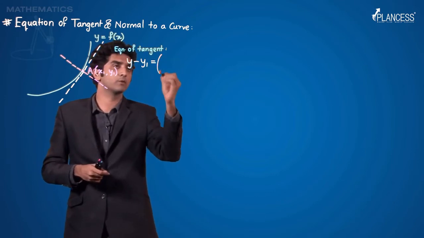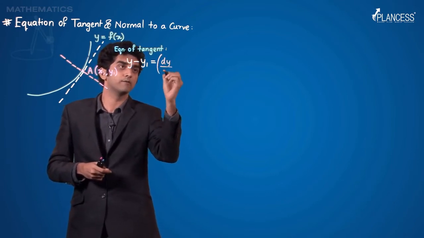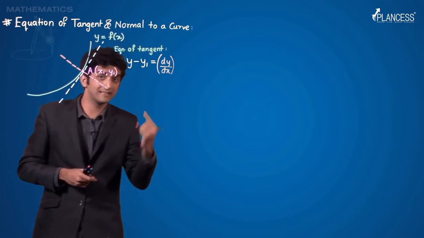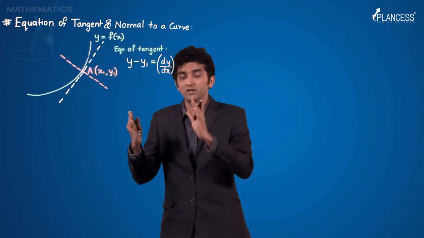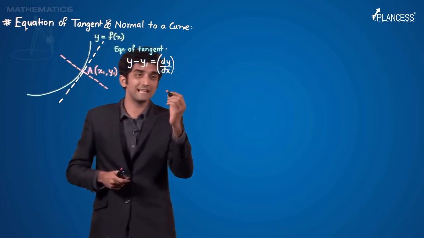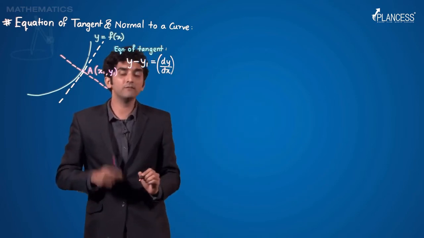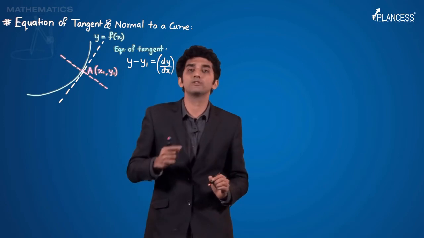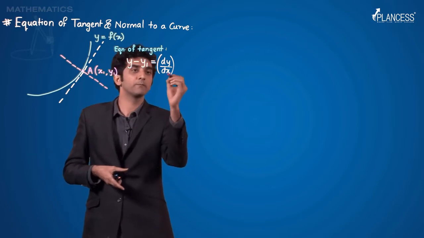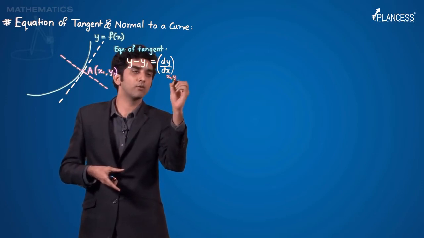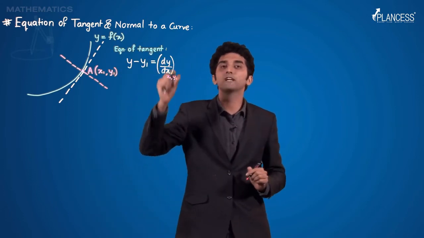So what goes here is, in place of slope we will put dy by dx, which is the derivative of the function y is equal to f of x, and we have learned in the section of methods of differentiation to differentiate all various kinds of functions. But as I said, in this particular derivative we need to make sure that we are plugging in the values of x and y as x1 and y1. So that is why we mention x1 comma y1 over here, and this indicates that in this particular dy by dx we are plugging in x1 and y1 in place of x and y.